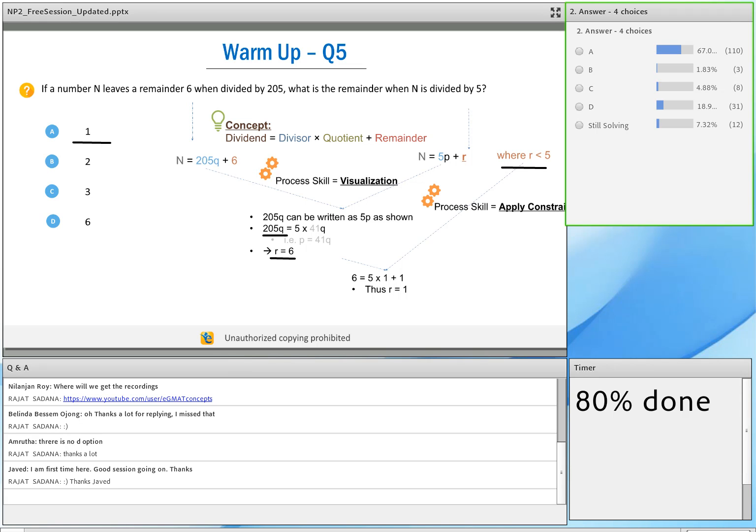So you can see the implied constraint and the process skill of applying constraints. Some of you actually took an example and did this, and that's okay in these cases. But as questions get more difficult, if you want to solve 500, 600 level questions, that will work. But if you want to be able to solve 700 level questions, you've got to know this principle.